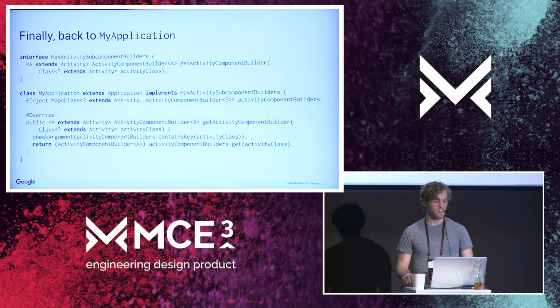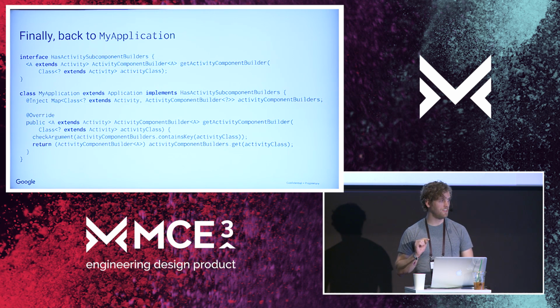Any activity can get to its subcomponent builder through the HasActivitySubcomponentBuilders interface rather than specifically my application. Now your activities can depend on a common interface without ever having to know anything about the particular application that they live in.